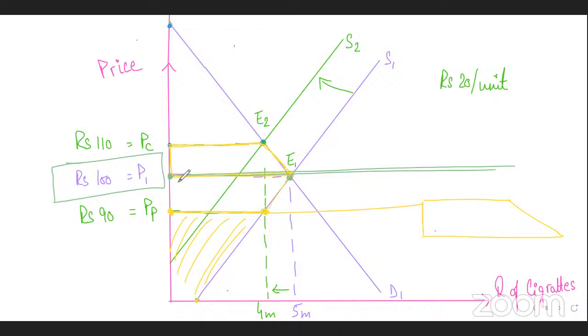This trapezium here is the loss of your producer surplus. Students, are you getting it? Let me show it to you. This trapezium is exactly inverted of the other trapezium. The other trapezium looks like this. It's the same shape, but inverted.